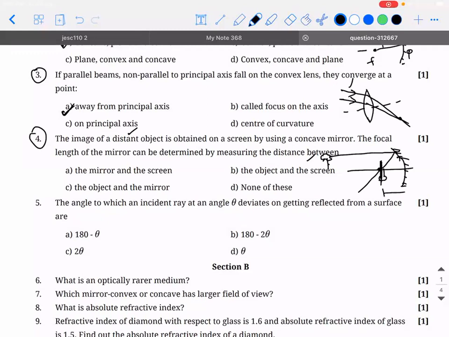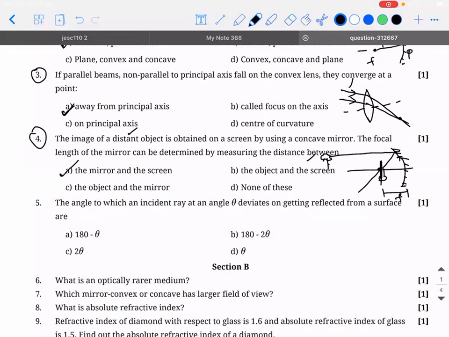Now, obviously, what is going to be this distance? Is this not the focal length? So if you measure the distance between the mirror and the screen, you will be able to get it. This one, you will do practically in the lab. It is actually a practical based question.